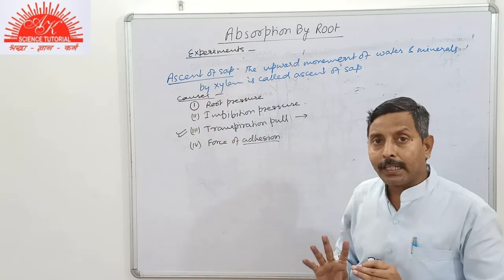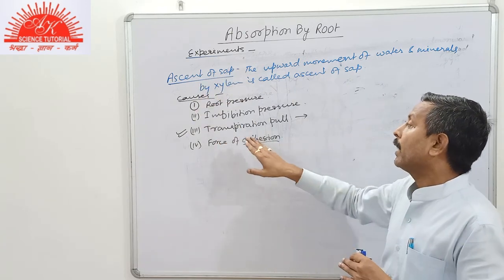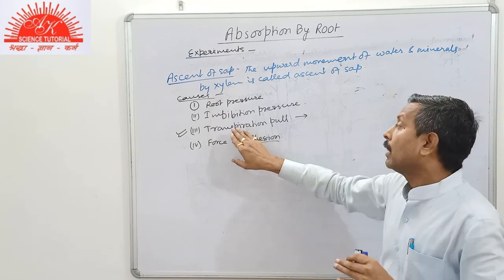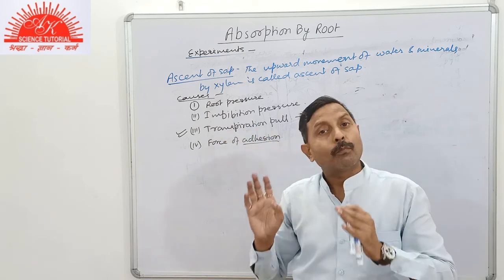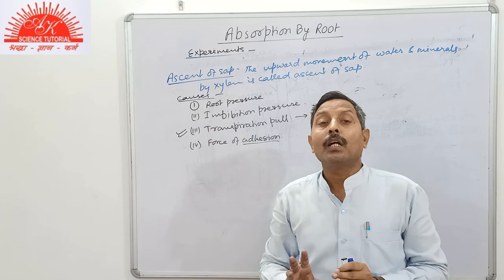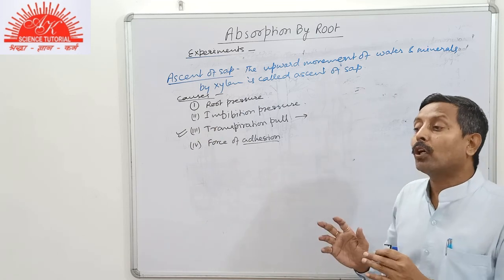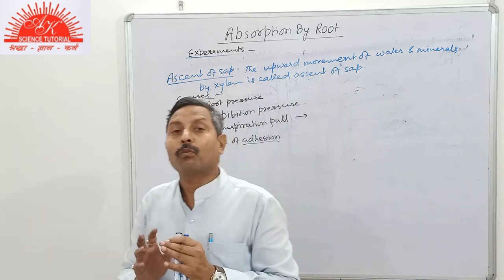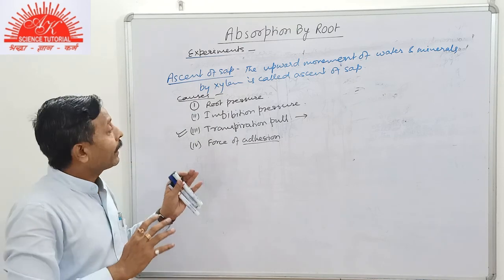So in tall trees, the water moves in upward direction up to the taller part only due to the transpiration pull. Clear, student? So these were the different modes of absorption and transportation of water and minerals in case of plants.